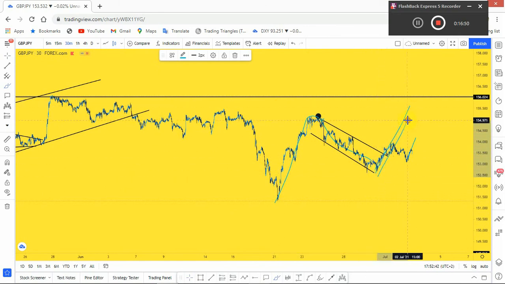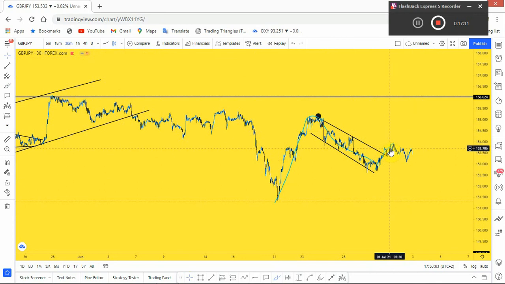Within this impulse move that we are expecting, we have an impulse move correction. We're expecting another impulse move within the overall impulse move. At Falcon FX, they call these patterns within patterns within patterns.